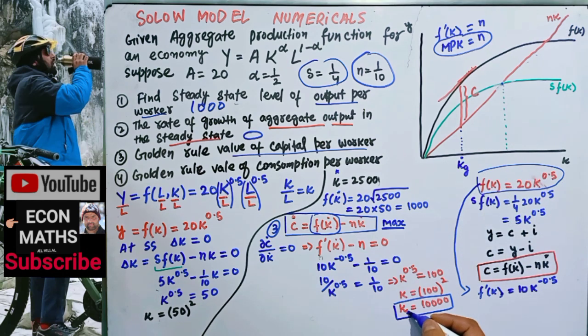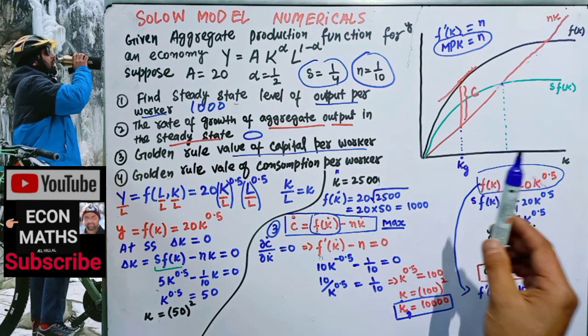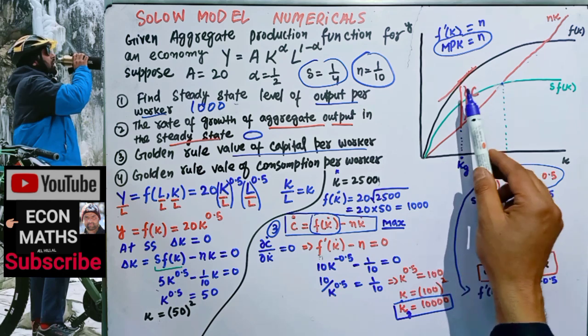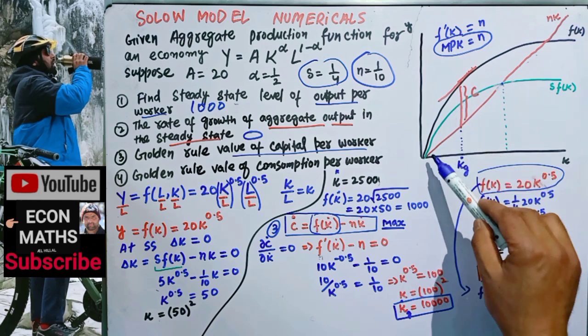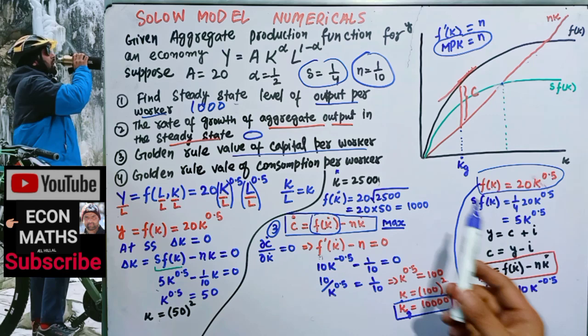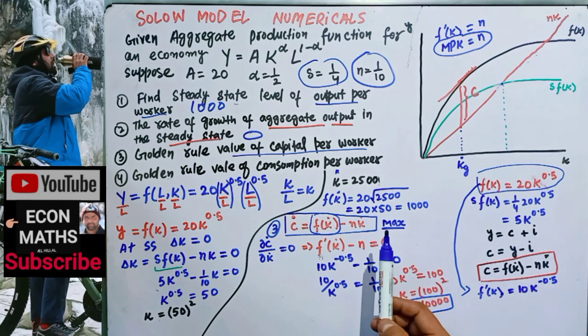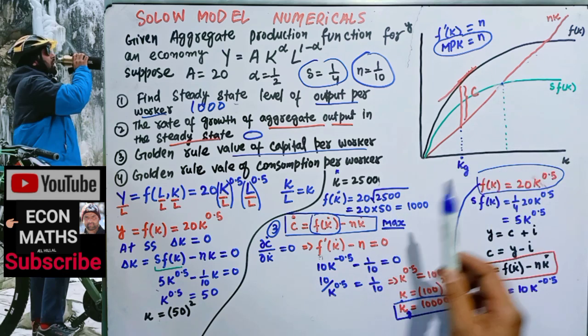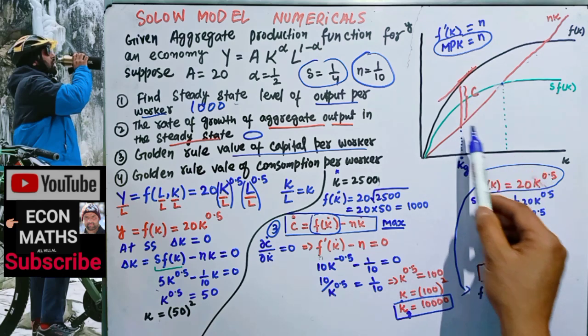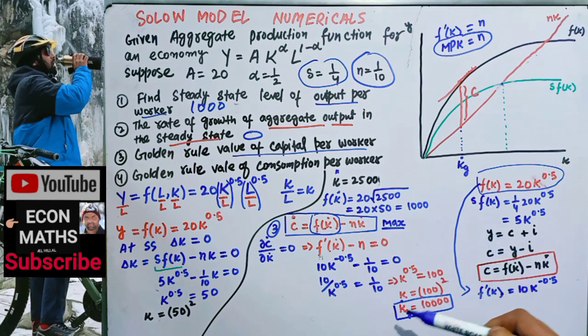So this is our k star g, the golden value of capital per worker, meaning when the distance between the production function in intensive form and this population function is highest, at that point we have the golden rule of capital per worker.